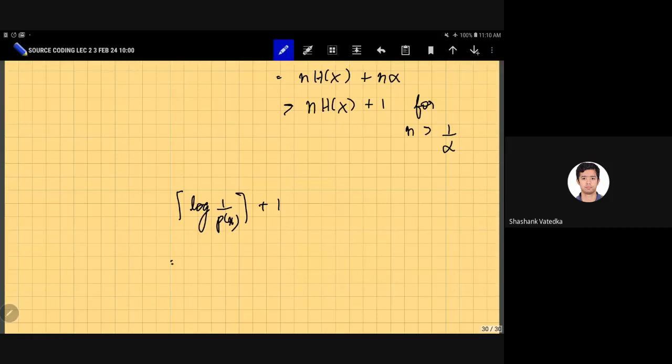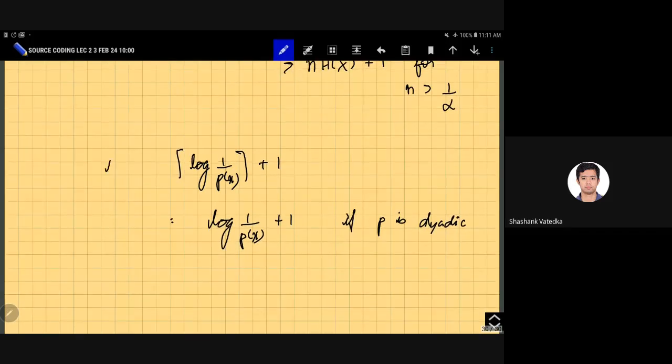So this will be equal to log 1 over p of x plus 1 if p is dyadic, and this is the length for Shannon-Fano-Elias.